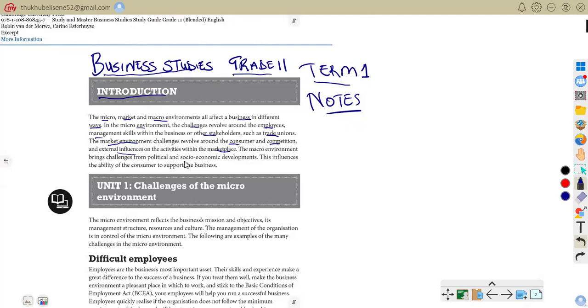Remember, the market environment is found directly outside the business, where the business has limited or partial control. But the macro environment, found indirectly outside the business, where the business has no control, brings challenges from political and socio-economic development. So this influences the ability of the consumer to support the business.